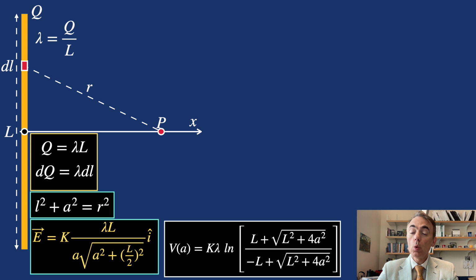Now, I told you that I would solve this problem in two ways. For the second approach, I will use the relationship between the electric field and the electric potential.